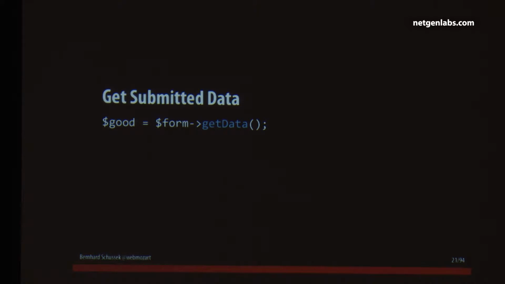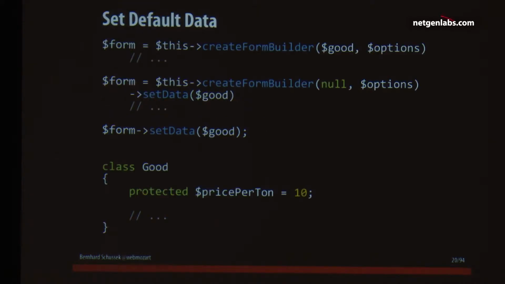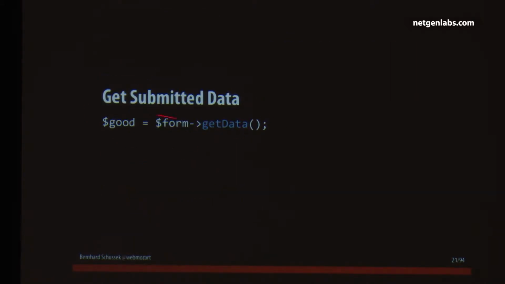If you don't pass any default data, if you just say null, then the form will try to create a new good instance with an empty constructor without arguments. That doesn't work anymore if the constructor has required arguments, of course. You receive the good, and then you can do anything with the updated good instance.